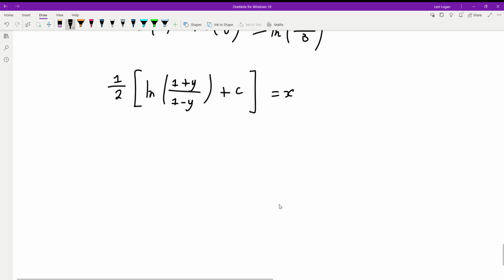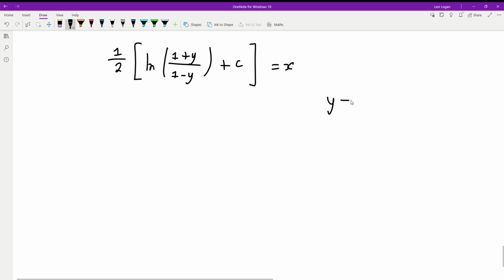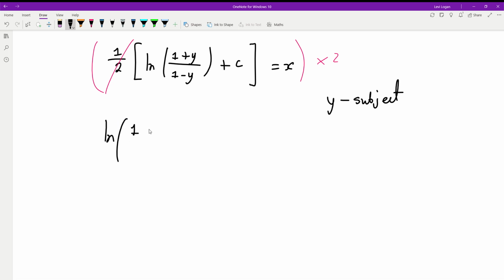Okay? Now we're going to make y the subject. So, straight away, I'm going to times everything by 2 to get rid of that half. So I get natural log of 1 plus y on 1 minus y plus c is equal to 2x.